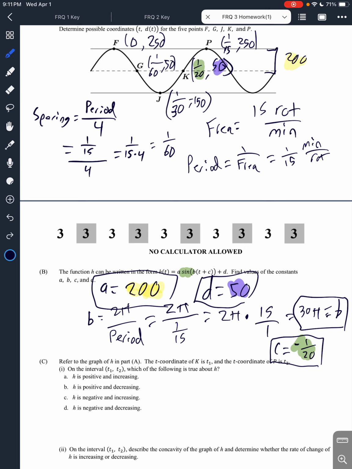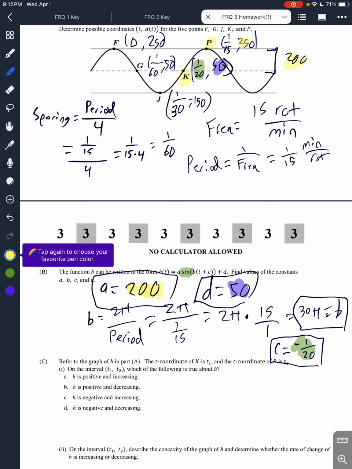They're saying between K and P are what we're looking at. So I'm going to look between point K and point P and look what is true about the graph. So from K to P, the first thing is saying is H positive or negative. To check if it's positive or negative, we are just going to look at the y coordinates.